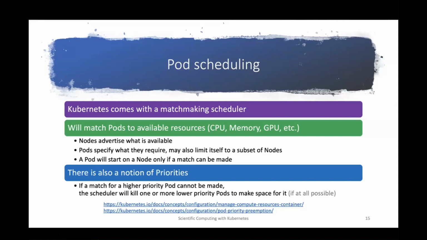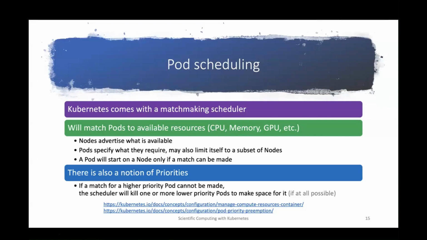So Kubernetes will match pod to available resources, typically CPU, memory, GPU, but can be even more complicated than that, because each node advertises what is available, each pod specifies what it needs, and then Kubernetes will do the magic and find a place where the pod can run.